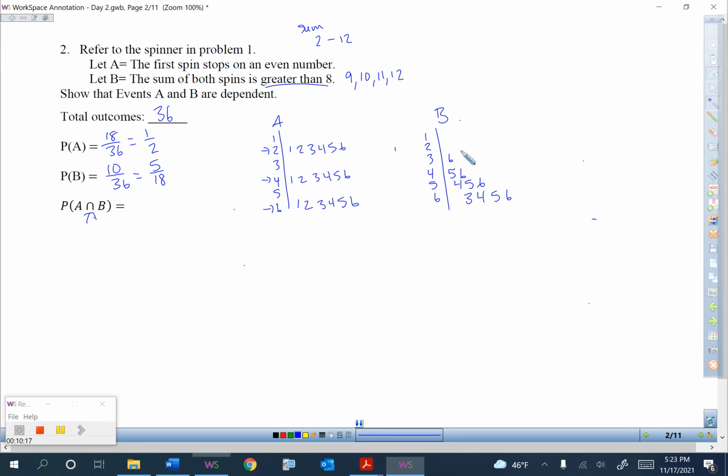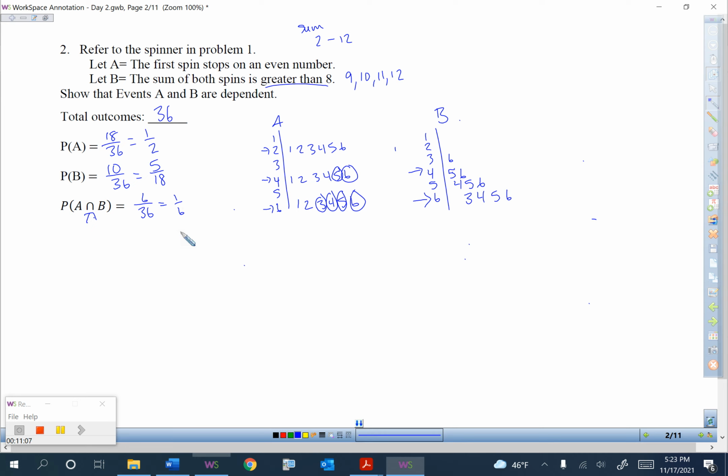So the 4, 5, the 4, 6, over here, the 6, 3, 4, 5, and 6, those are the ones showing up. Over here, just the ones with the even starting number, so those 2 and those 4. So a total of 6 out of 36, which is our 1 over 6.